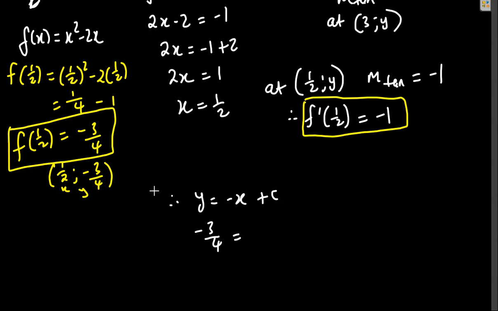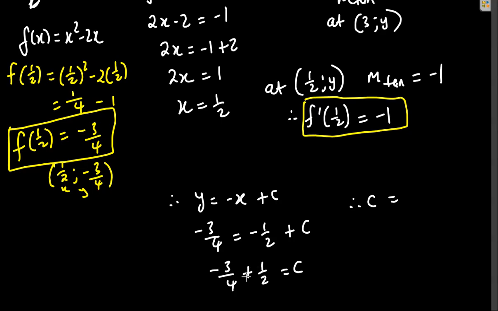Where I see x, I'm going to put half, so I have half and then plus c. Then I have -3/4 plus half as my c. Therefore, our c will be, let's see, this is 4 times 2. We have 2.